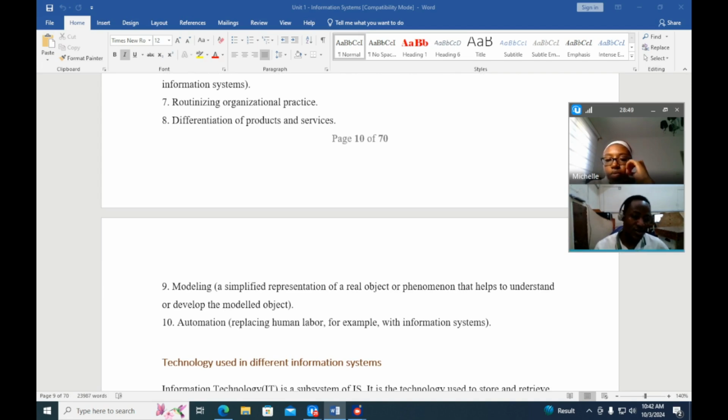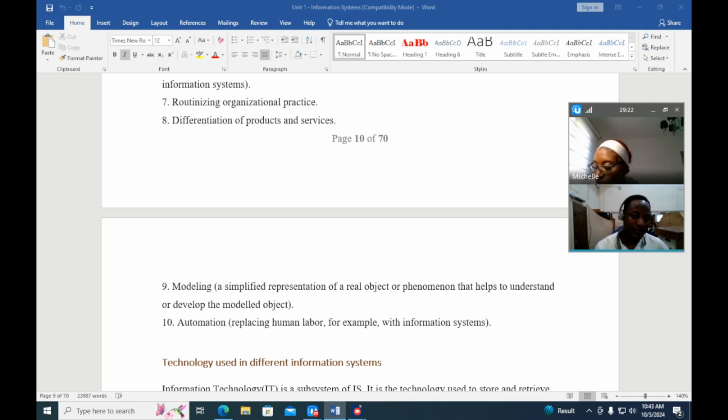Number 7, routinizing organizational practices. Through information systems, we are able to create a routine of our practices in the organization.